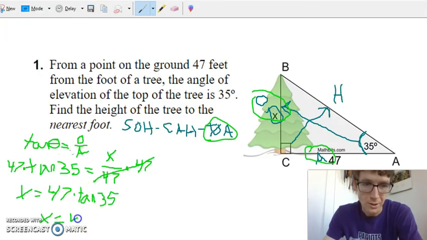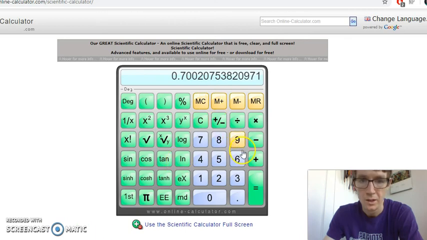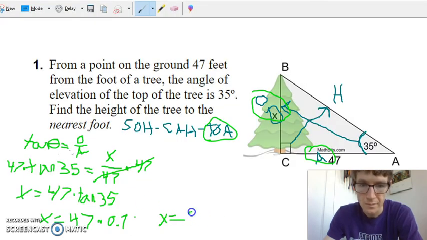So x is equal to 47 times 0.7. And what does that equal? So let's do times 47, 32.9.